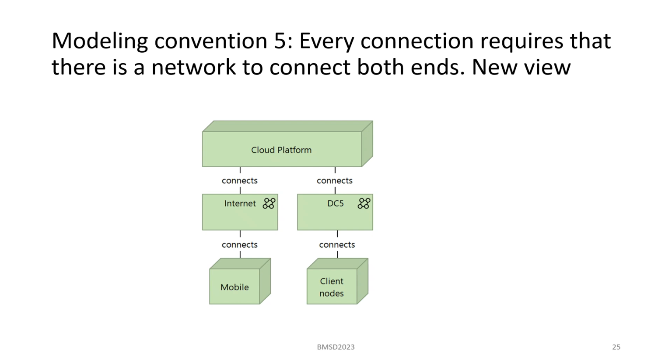To make other views conform to this convention, a new view of modeling convention 5 has been added to the model. Sometimes it's possible to visualize a convention, sometimes not.